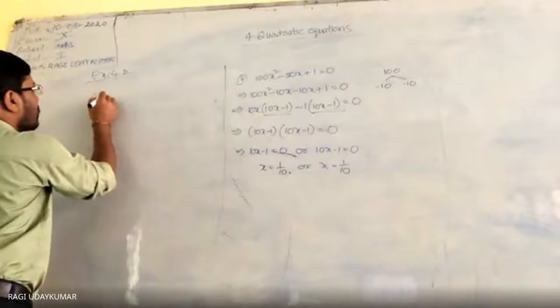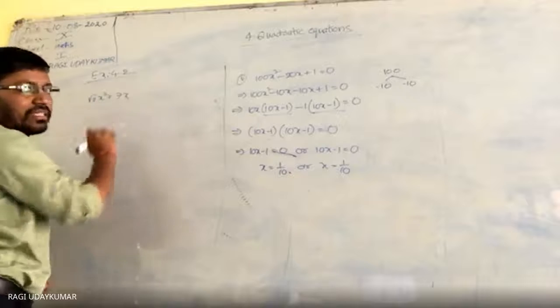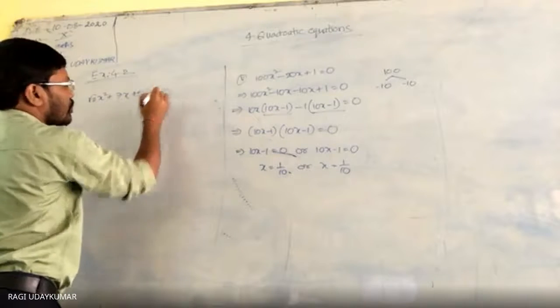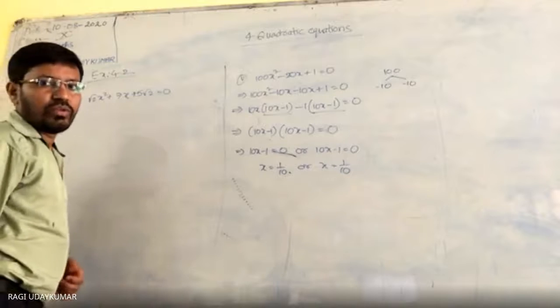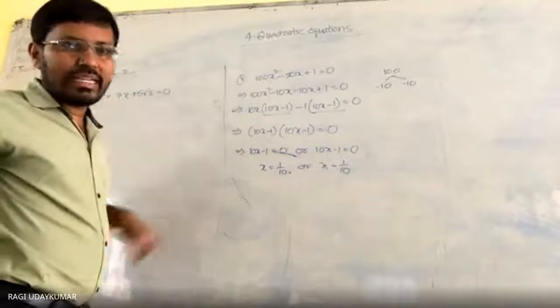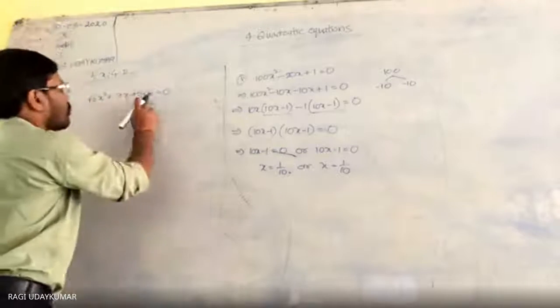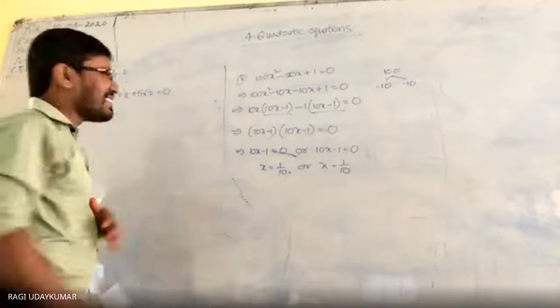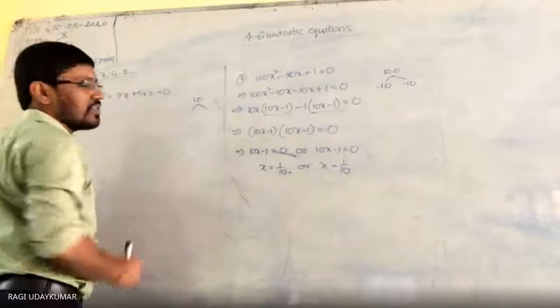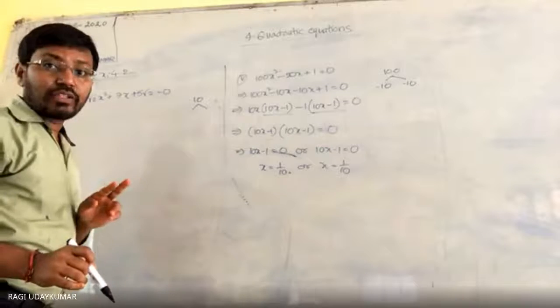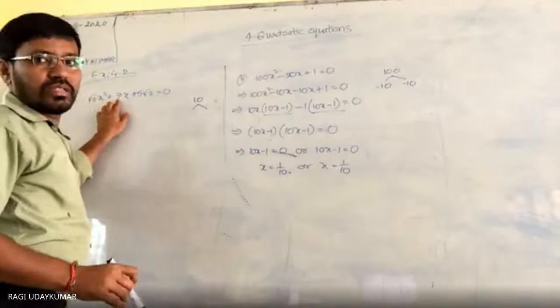Root 2 x square plus 7x plus 5 root 2 is equal to 0. So what do you write here? These two, 5 root 2 and root 2, if you multiply, what do you get? 5 root 2 into root 2 is 10. So the factors of 10, as we are getting plus 10, should have a sum equal to 7.